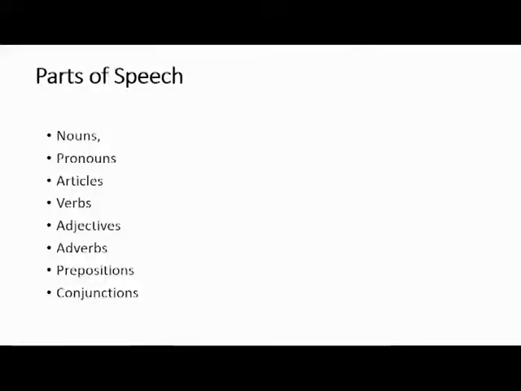And then we have adverbs. The function of an adverb in a sentence is to modify a verb. It tells us the manner in which an action was taken. Most adverbs end with ly, such as quickly, slowly, instantly, consequently, and so on.